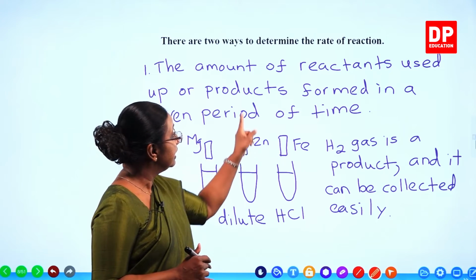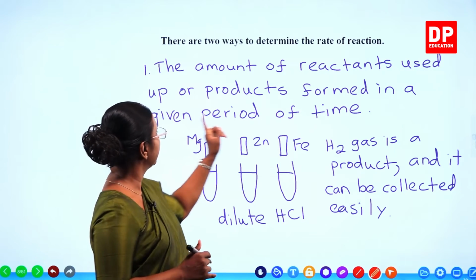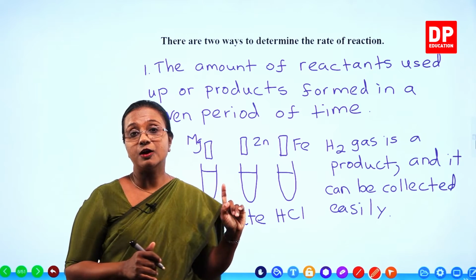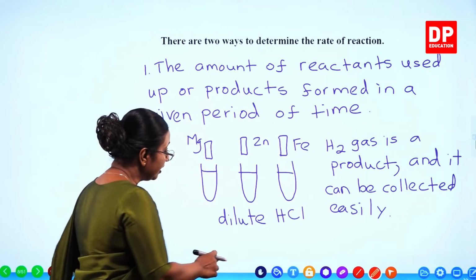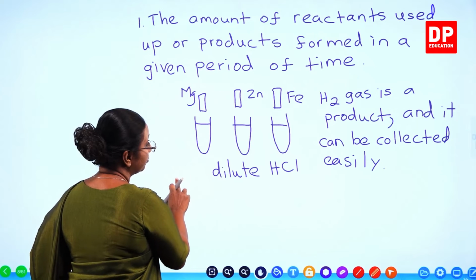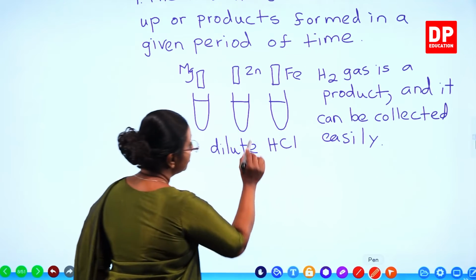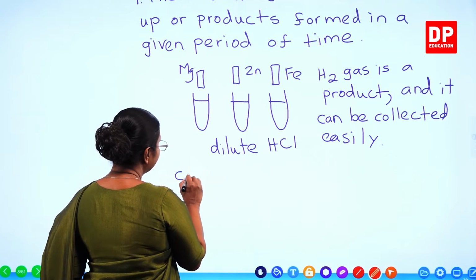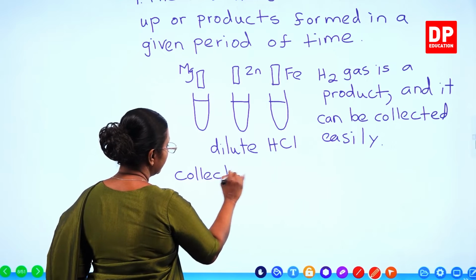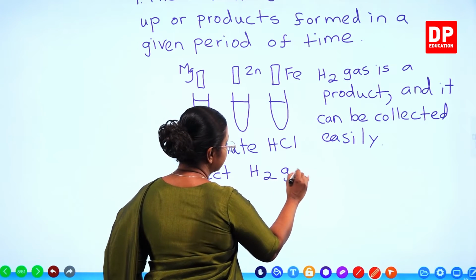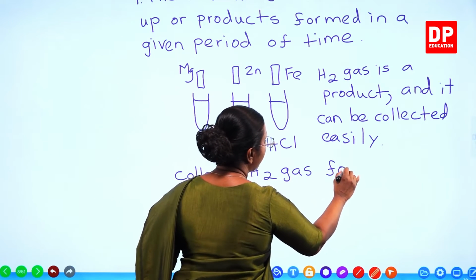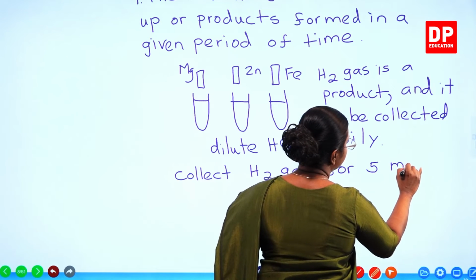But here, amount of products formed in a given period of time. So what we need to do is, we need to fix the time. So we will say, collect H2 gas for 5 minutes.